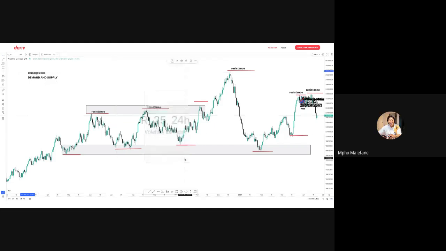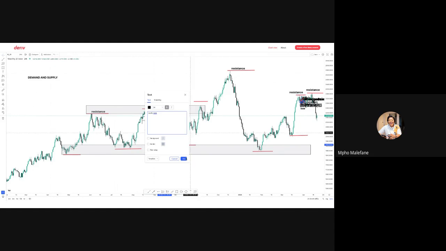What's the name of the zone there? It's called the demand zone. If you understand this, you guys should ask me. That's why you are here. Why is this called the supply zone?